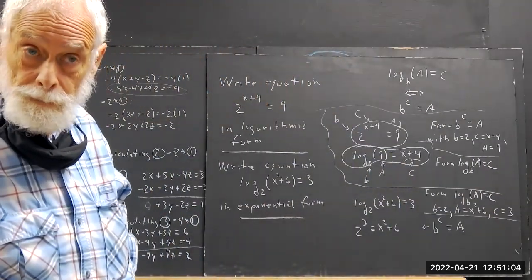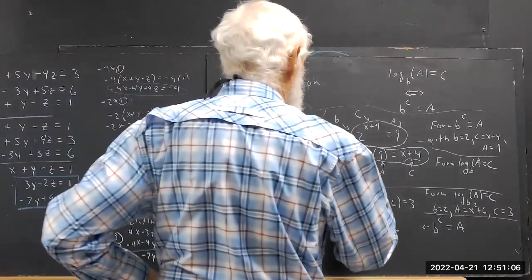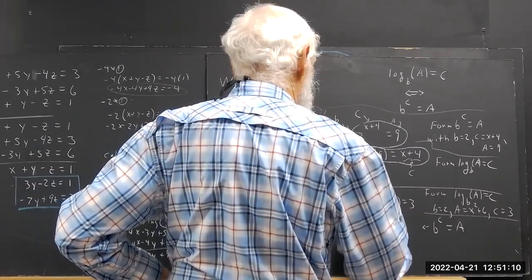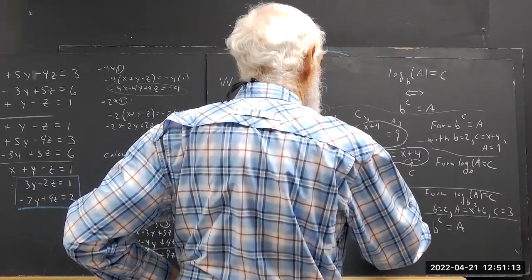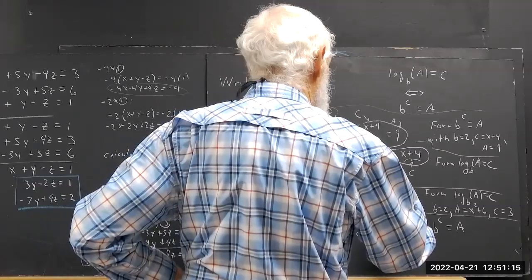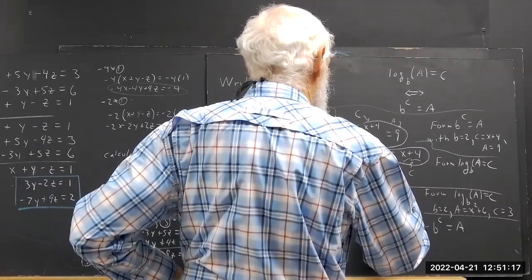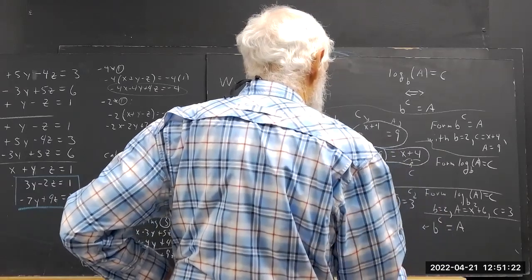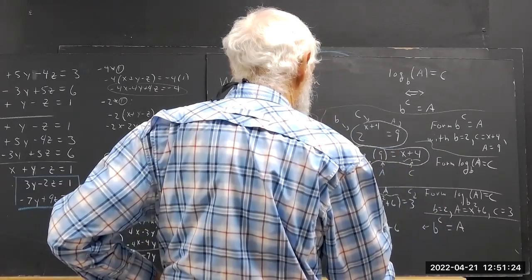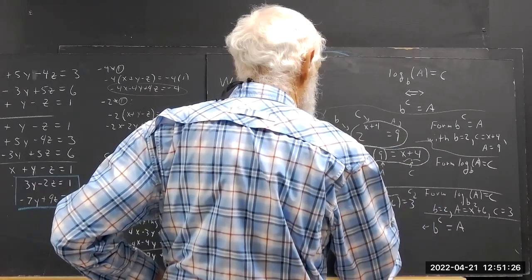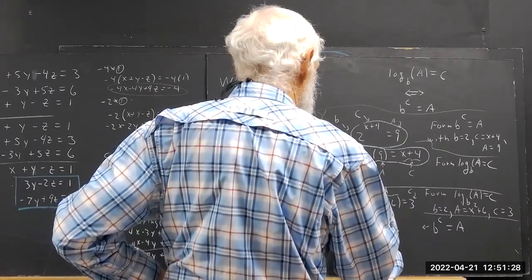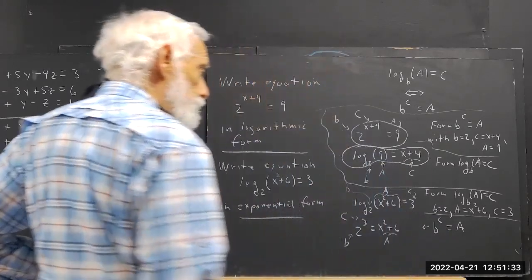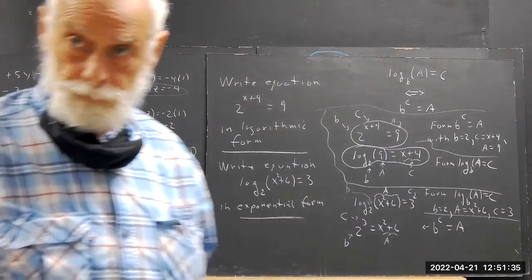Okay. So again, here's b. Go ahead and draw an arrow down through there. Here's a. And here's c. And here's b. And here is c. And here's a. Okay.